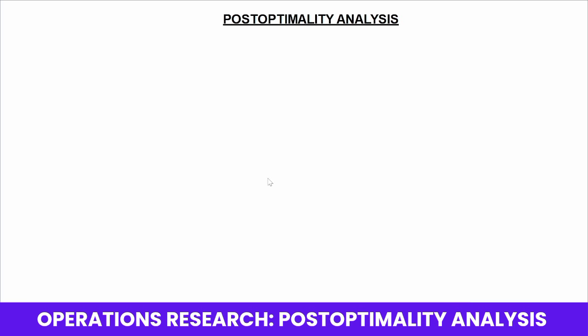First, we have the duality analysis, and then the sensitivity analysis. We have the duality analysis. We all know that a linear programming problem, an LP problem, has two forms.